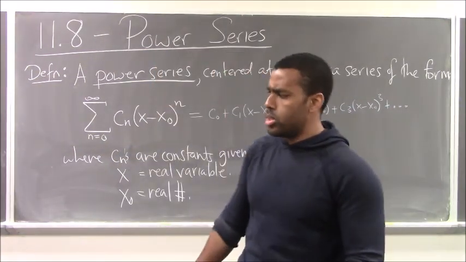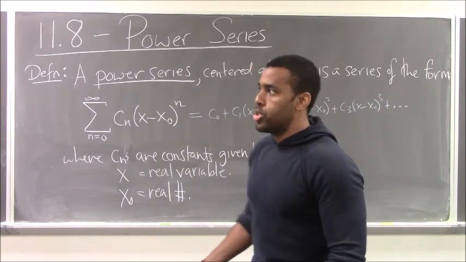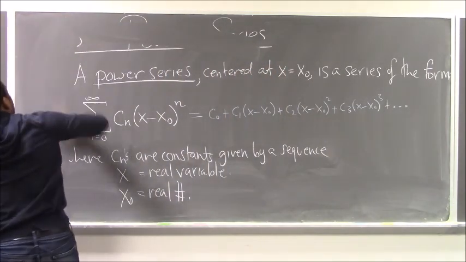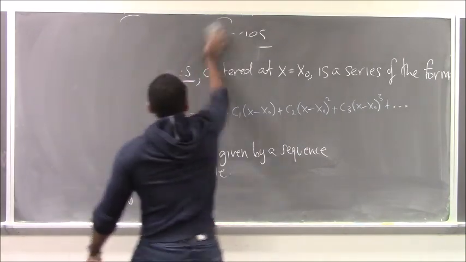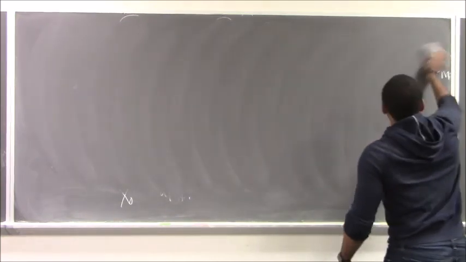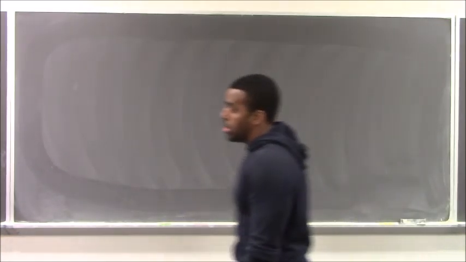So let's talk about when a power series converges to some meaningful value. First, before knowing how to test that it will converge, let's talk about just the convergence of power series in general. That's something you would want to know about. So, the convergence of power series.